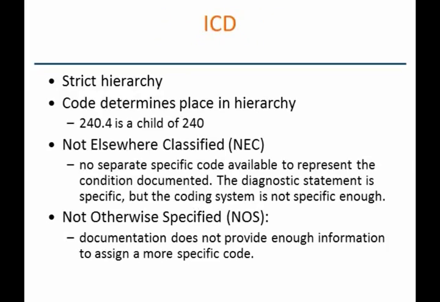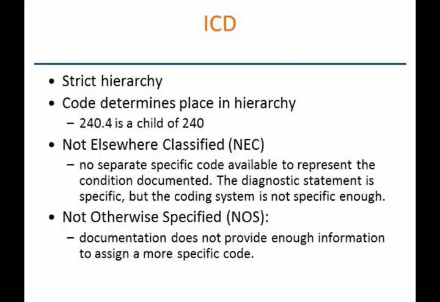Let's talk again about ICD-9. We discussed that it's a strict hierarchy, and the code determines its place in the hierarchy. So 240.4 is clearly a child of 240. As we saw in the prior example, there's diabetes, and then a child of diabetes might be diabetes with kidney complications.